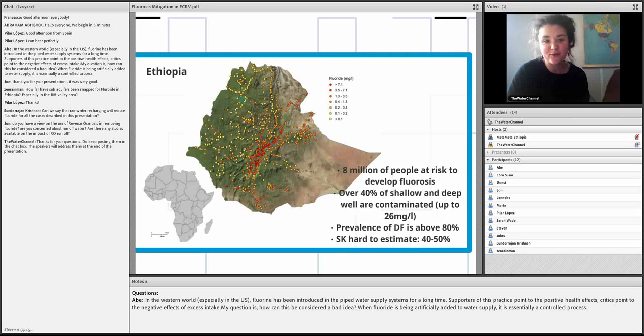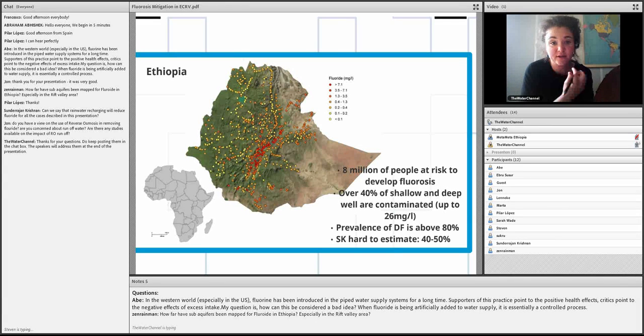This map was also shown by Professor Seifu, and it shows the places where there are a lot of wells with high fluoride contents, in particular the red ones, which are in the center.